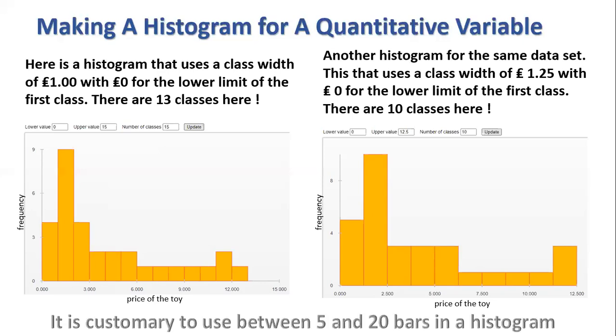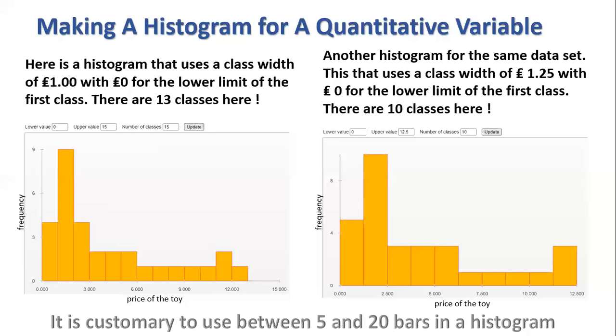It's customary when you're creating a histogram to usually have somewhere between 5 and 20 bars. There's no one right way to do it. It's a matter of choice for the person creating the bar graph. But we want to remember that histogram is a vocabulary word that we use to talk about a bar graph for a quantitative data variable.